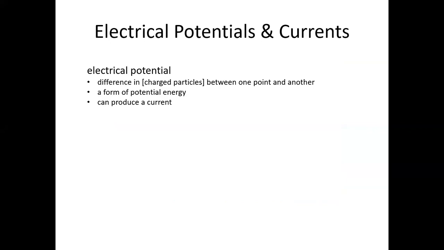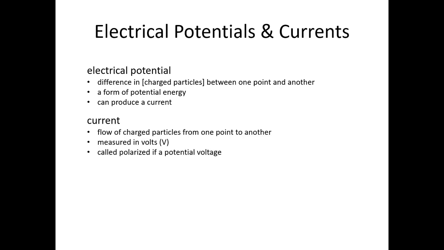An electrical potential is just that. It is a potential, a difference in charges between point A and point B. We have this potential energy, this potential change that can happen between these two. And when that change happens, that is what a current is.